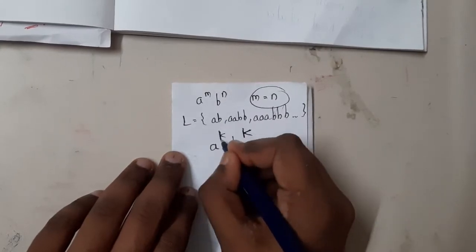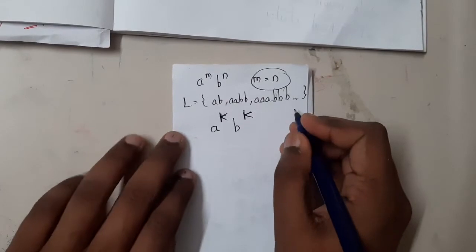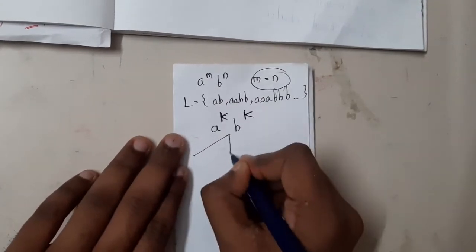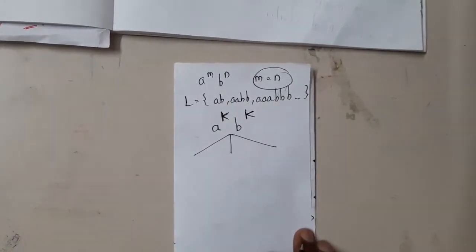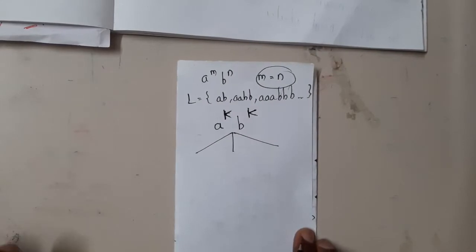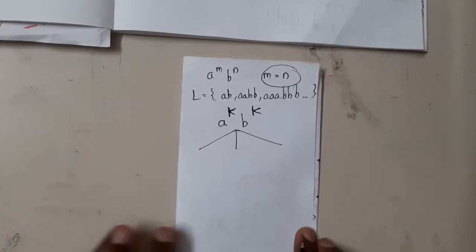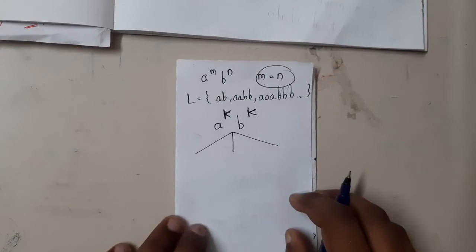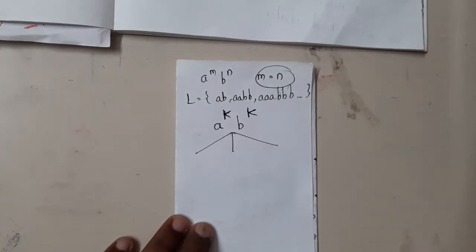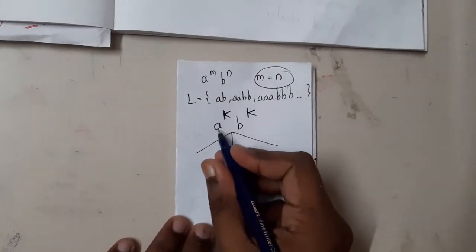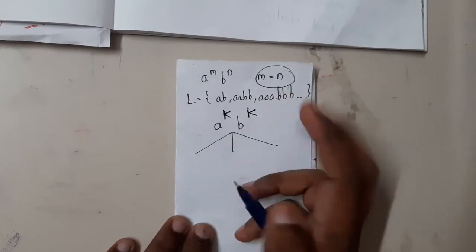Once we have selected this, we break this item into three different pieces. You can break it in multiple ways, but I am going to break it in a standard way. Let us break this a power k into two pieces.